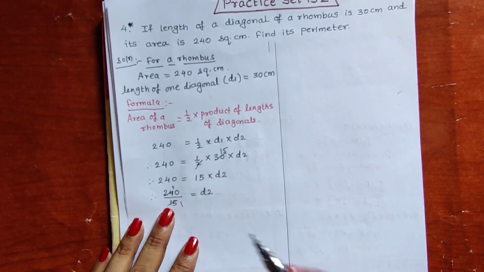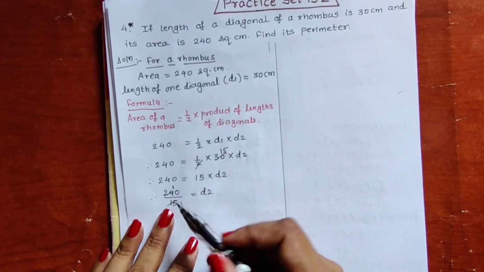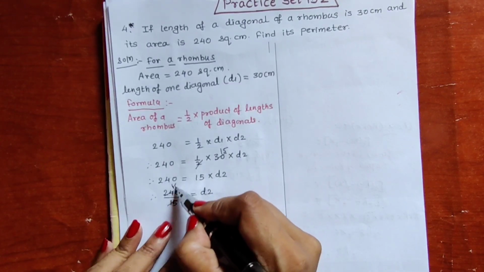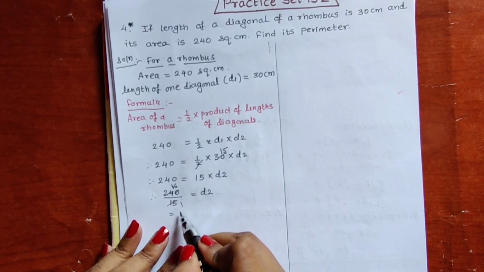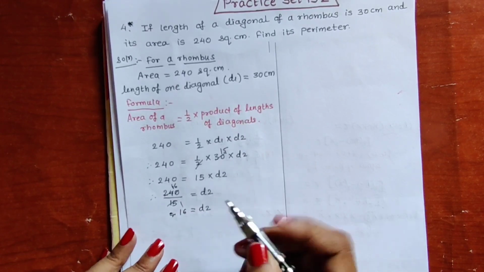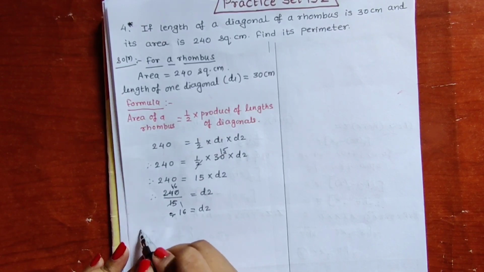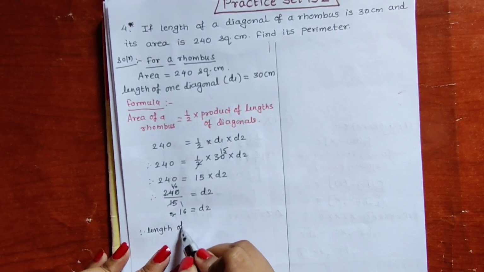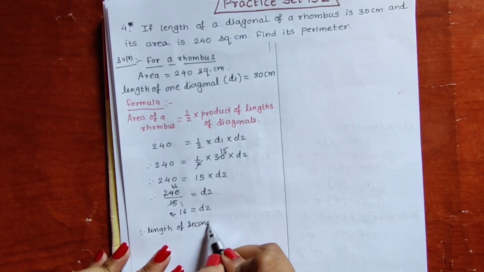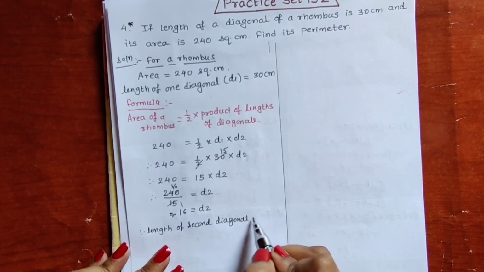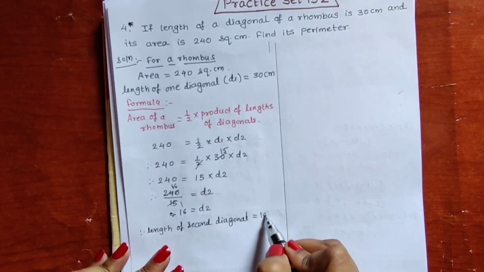We get 9, 90. 15 6s are 90. So 16. Therefore 16 is equal to D2. Therefore length of second diagonal is equal to 16 centimeter.